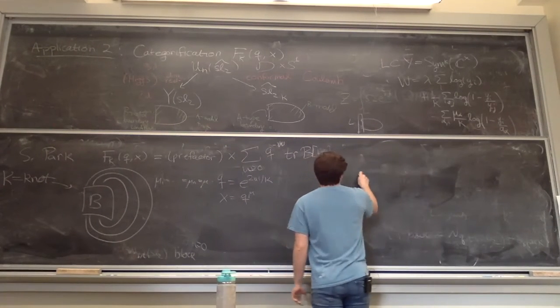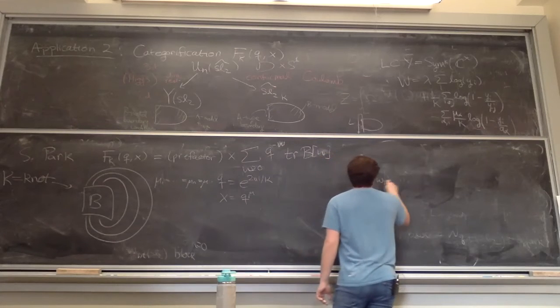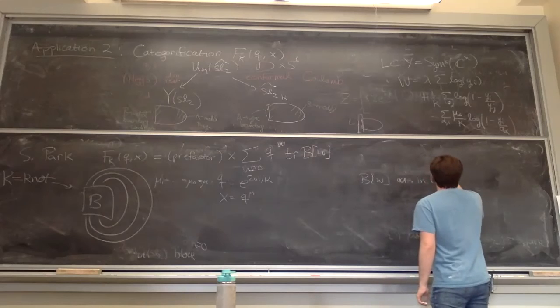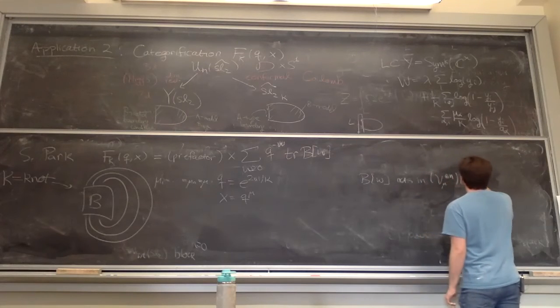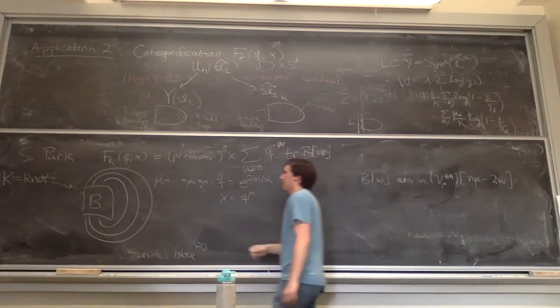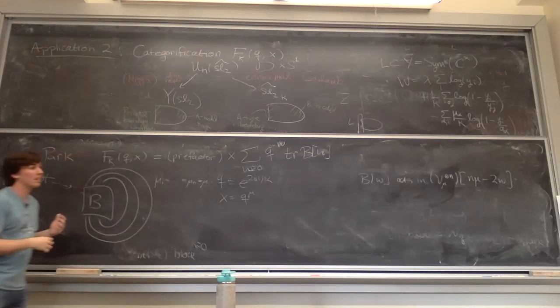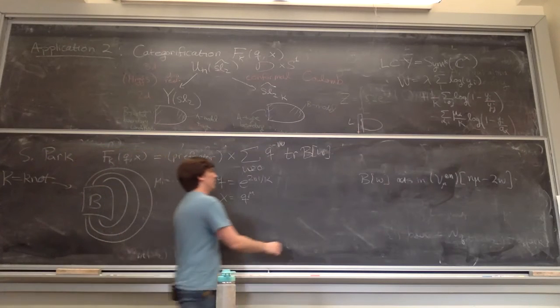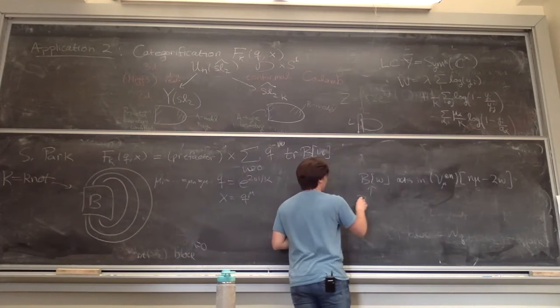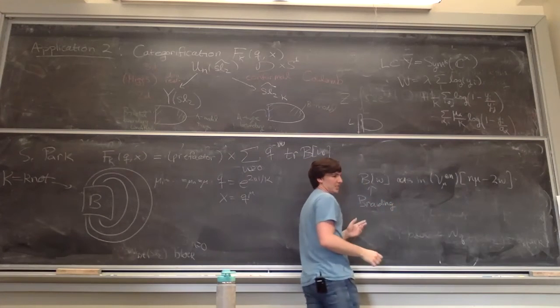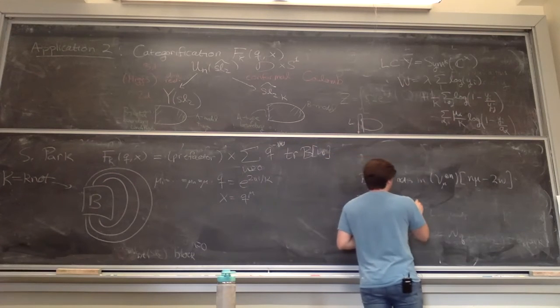So maybe I'd say W in the nth power here, and it would just be n minus 2W. Oh yeah, so this is the braiding matrix. It's going to be made of a bunch of R matrices that depend on Q and X.